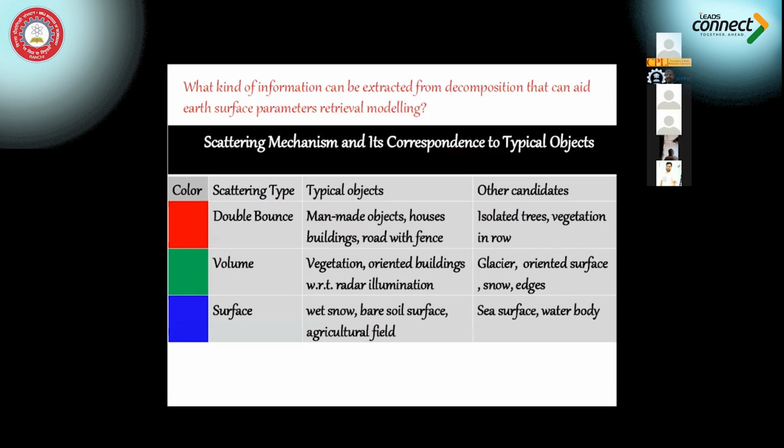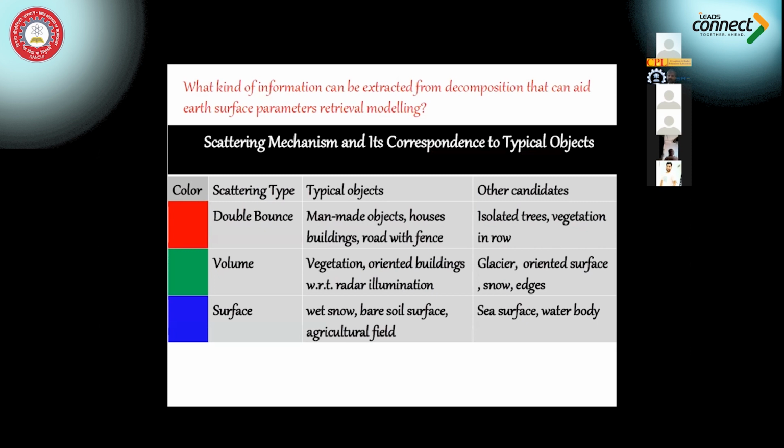But location is important. You can decide where you are looking, whether it's a glacier or an urban area. In an urban area, for example Mumbai, you will have volume scattering that you can relate to vegetation. If you are looking in the Himalaya, there is some vegetation and glacier. If you are looking at a glacier, generally above the tree line, you can relate that these are glaciers.